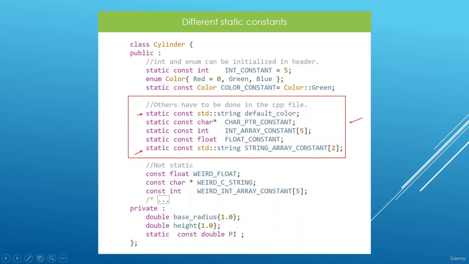Down here, you see that we have our double constant, which is pi here. We can't also initialize this in the class declaration because it is not inline. So we will have to do that in the CPP file.